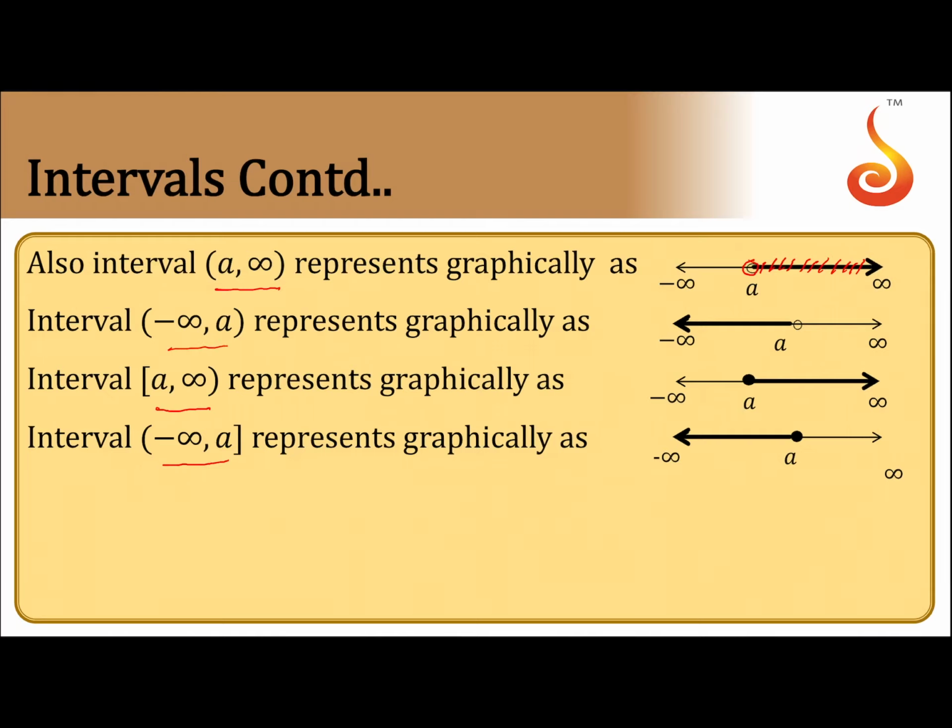The set of all numbers from minus infinity to a excluding a is represented on the number line like this. And closed a to infinity can be written as including a all the numbers towards the right side of a, and minus infinity to a closed takes all the numbers left of a including a.